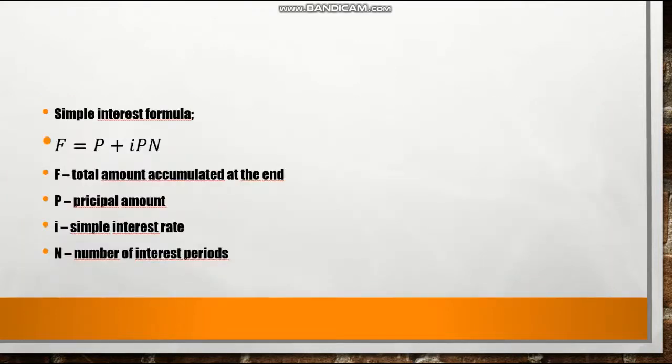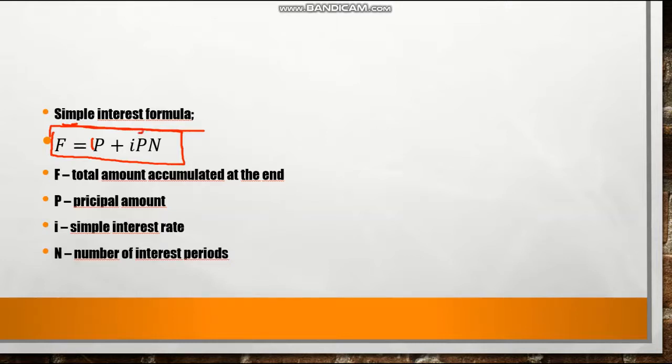It's also better to depict this with the mathematical representation of the simple interest formula: the future value of the money is equal to the principal amount plus the interest rate, which you need to put in decimal form. If it is 8%, you need to make it 0.08.